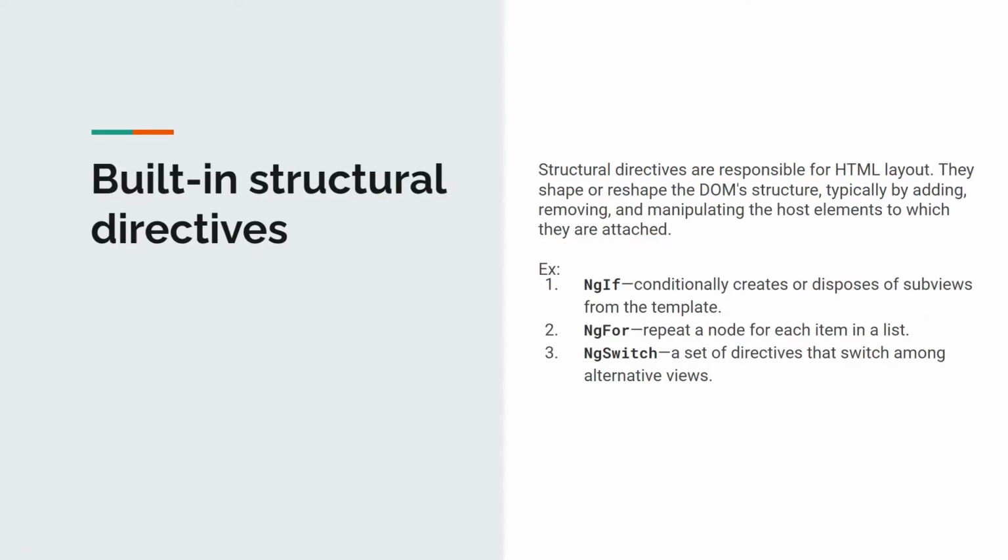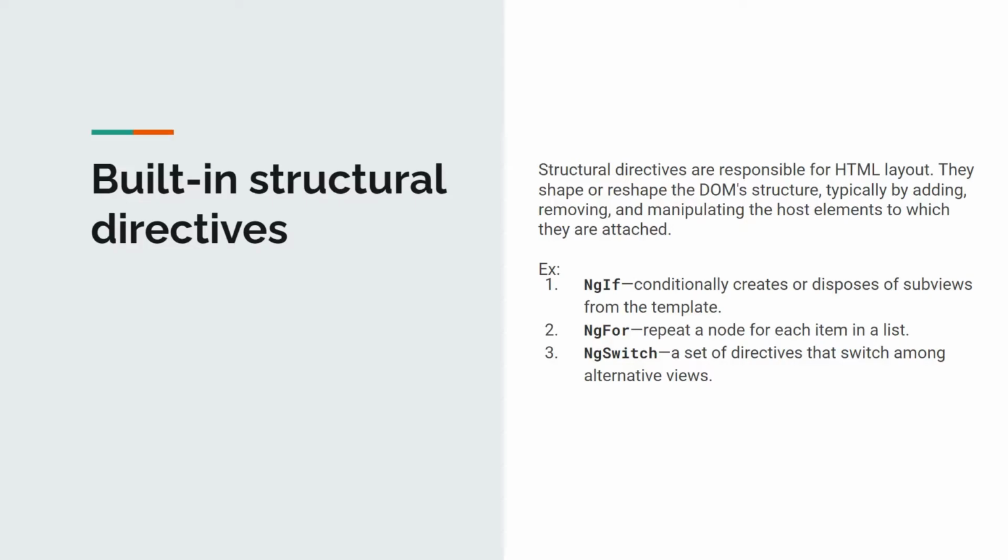And now we are looking into building structural directives. As we discussed, structural directives are responsible for HTML layout. They shape or reshape the DOM structure, typically by adding, removing, and manipulating the host element to which they are attached.